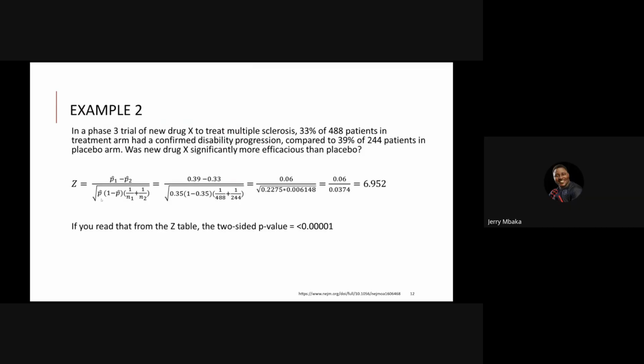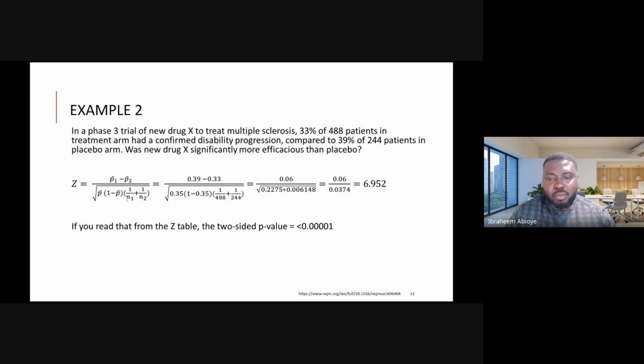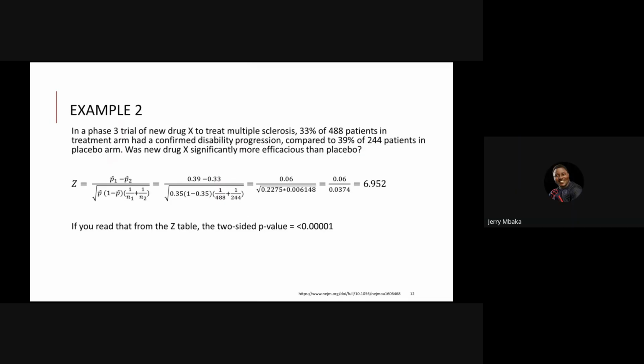Yes, that's the proportion in the whole sample. So everybody who had the outcome, in this case will be 33% of 488 plus 39% of 244. Whatever that number is, you use that to get the proportion. In this case, that proportion is 0.35 in the entire study. Sorry, sir, I'm a little confused. Help me out to calculate the proportion in the whole population.